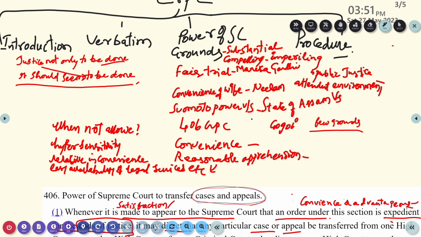That is also necessary. So for this purpose, suppose the court feels that there is no chance of a fair trial because of the subordinate court's action, or any apprehension that the accused is not getting or is not likely to get a proper, fair and impartial trial. So what is the important point?